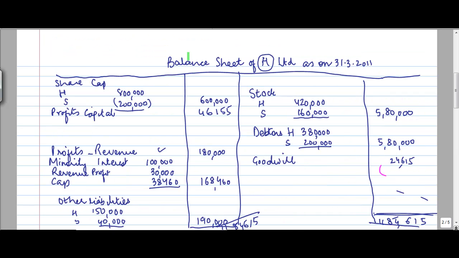So I got these two numbers as I did my total, 1,184,615 and 1,184,615.